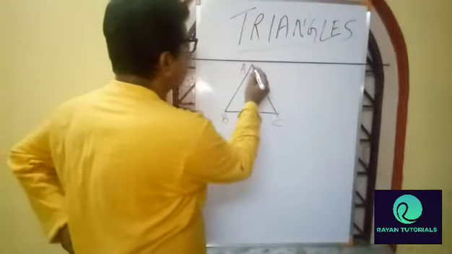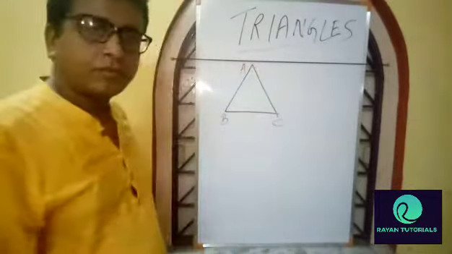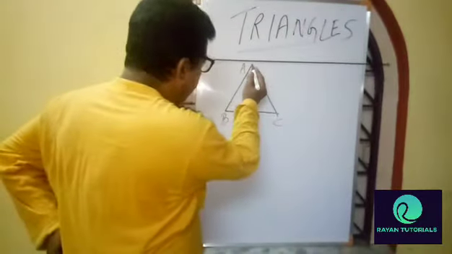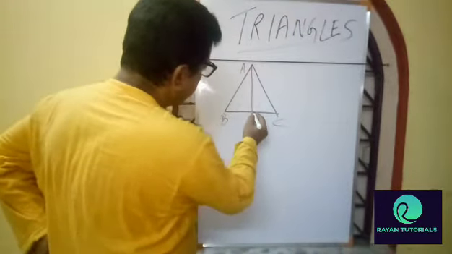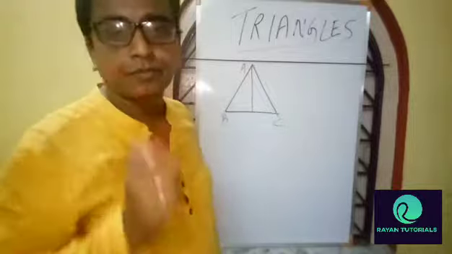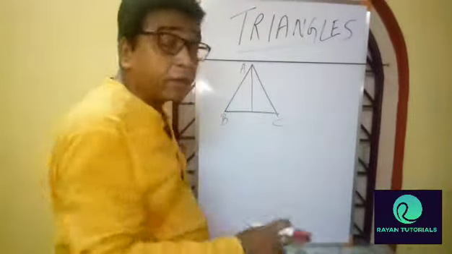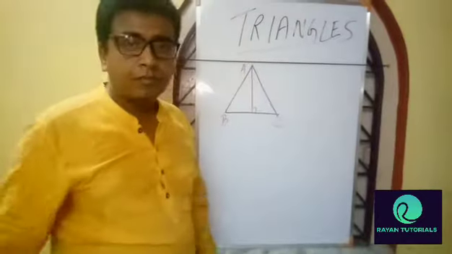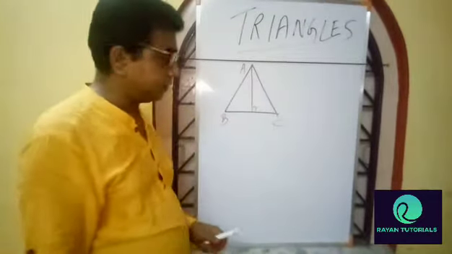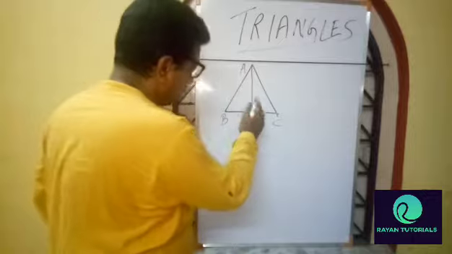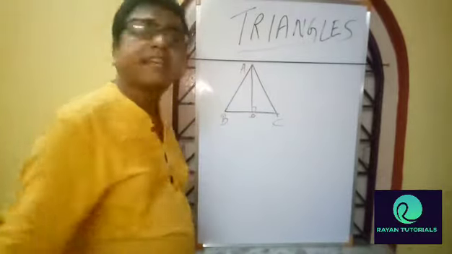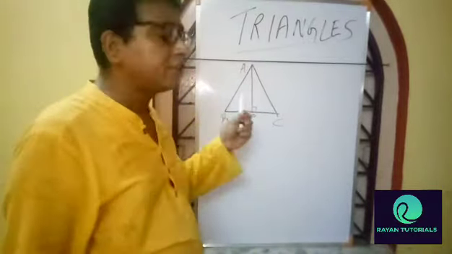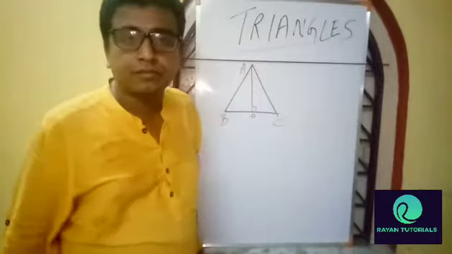Let me choose A. Just draw a perpendicular on the opposite arm. Perpendicular means 90 degree. So AD is the height of the triangle ABC.